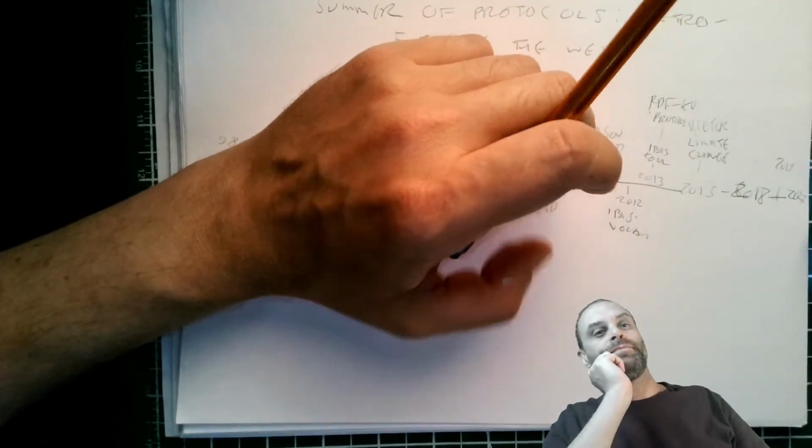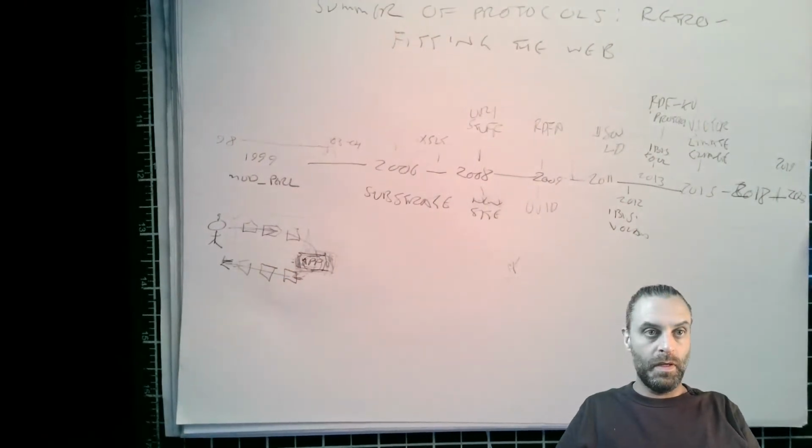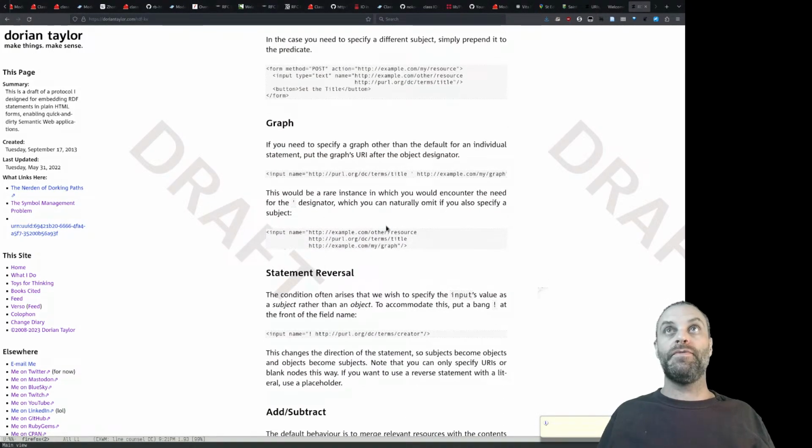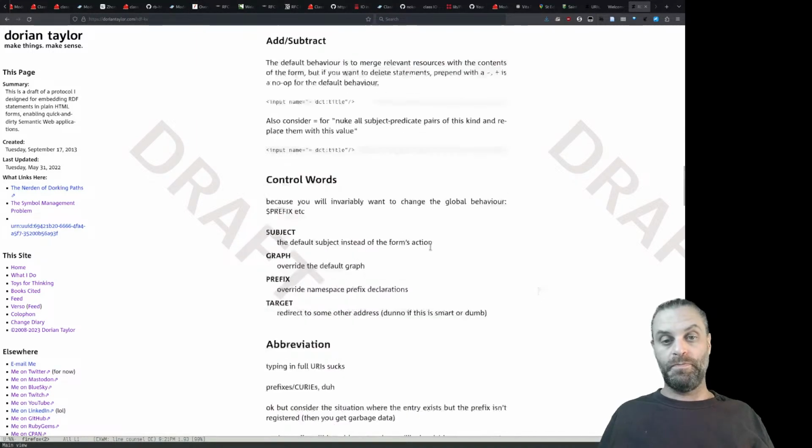The RDF-KV protocol is very simple. It embeds RDF diffs into form fields.